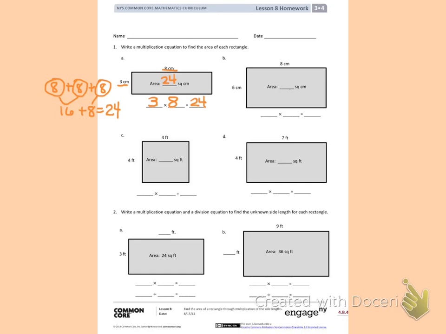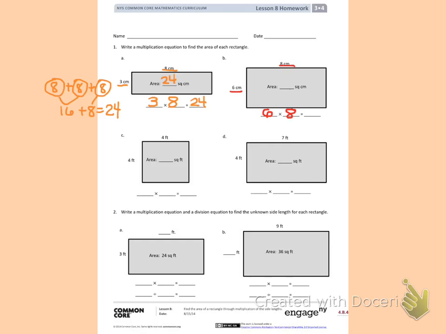Now let's look at item B. The shorter side length is 6 centimeters, so I'll put a 6 here. And the longer side length is 8 centimeters, so I'll put an 8 here. That means it is the same as 6 groups of 8, or 6 times 8.